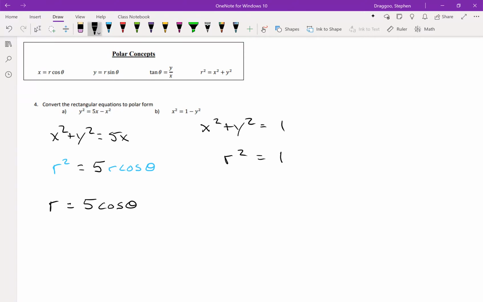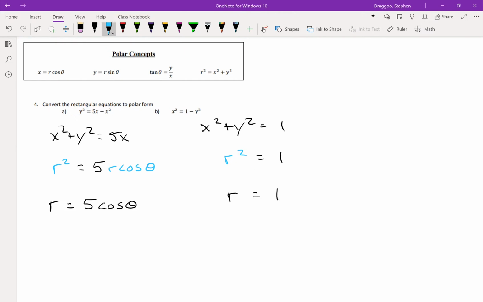But in polar coordinates, there is no real distinction between r equals 1 and r equals negative 1 because they both talk about the same circle. Whether r is positive 1 or negative 1, it just means that r is a distance of 1 away from the origin. So I'll use r equals 1 as the equation of this circle.